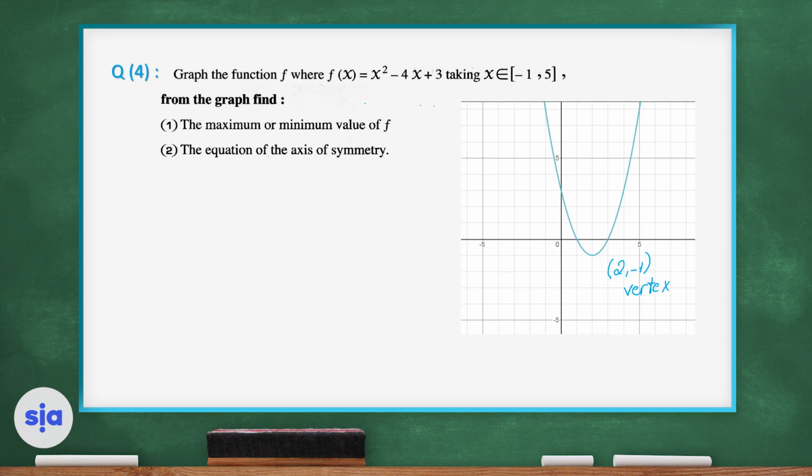After finding the vertex, you will see that the parabola has a minimum value of y equals -1, and we always get it from the y part of the vertex. How to find the equation of axis of symmetry? Here is the axis of symmetry, and its equation is x equals, and then you get the x part of the vertex, which is x equals 2.